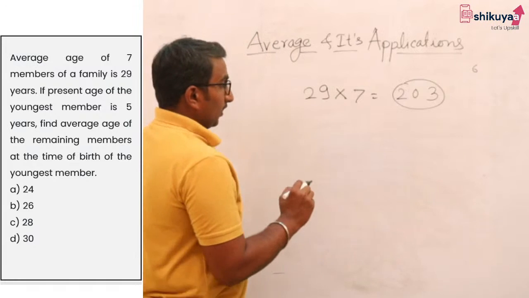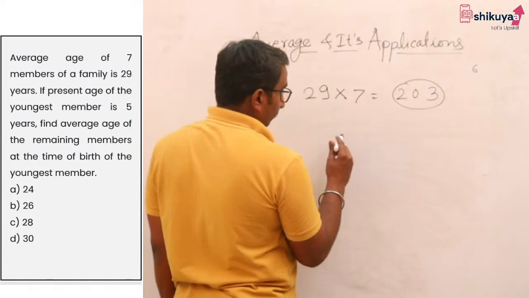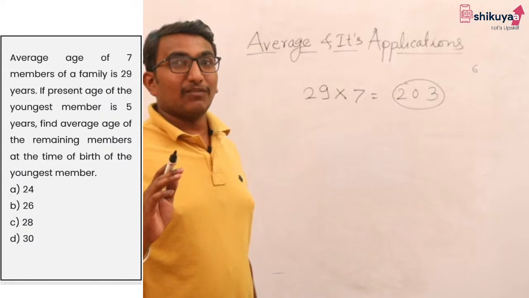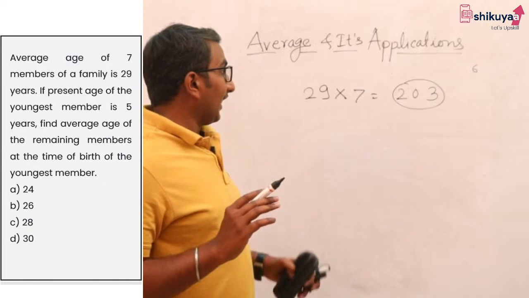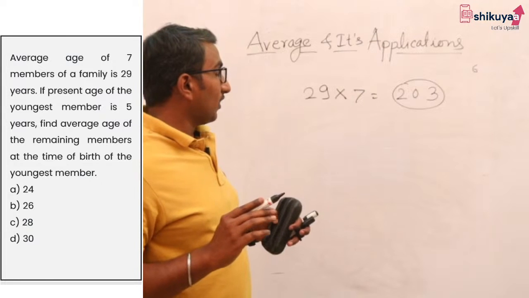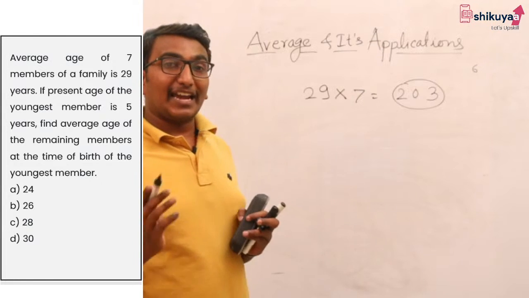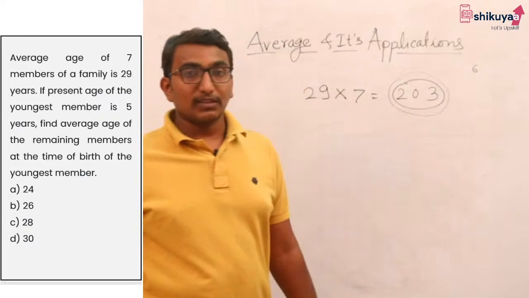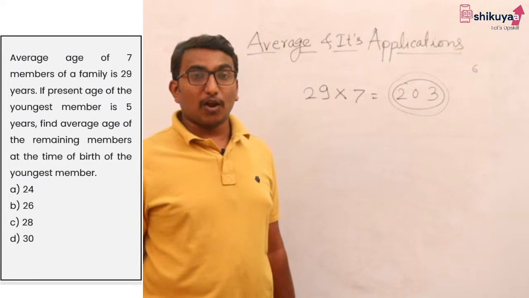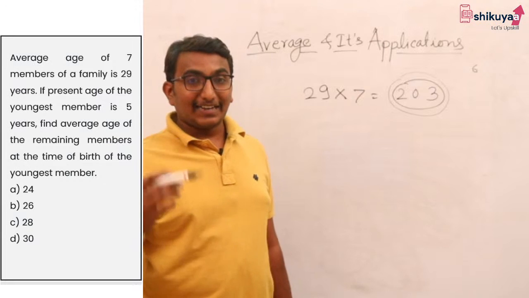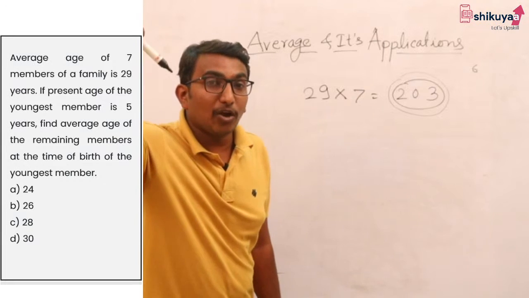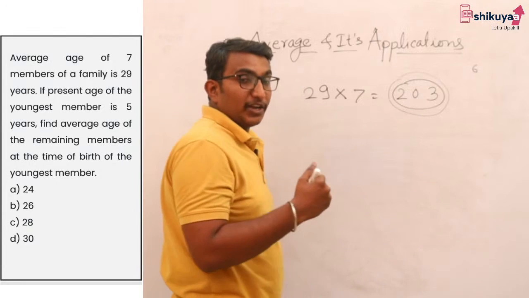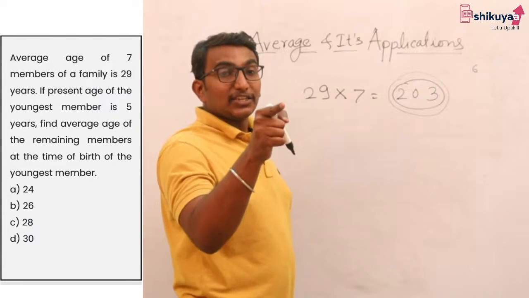So first you have to calculate the summation of the remaining members from this one, and from that you calculate the average at the time of birth of the youngest member.